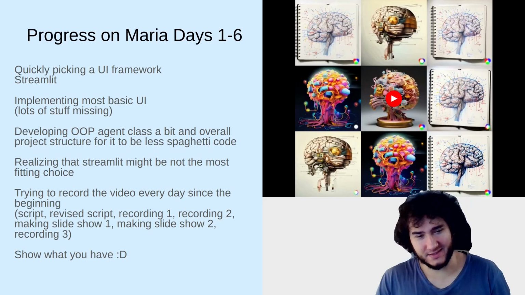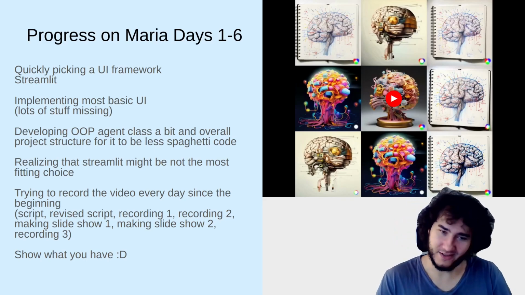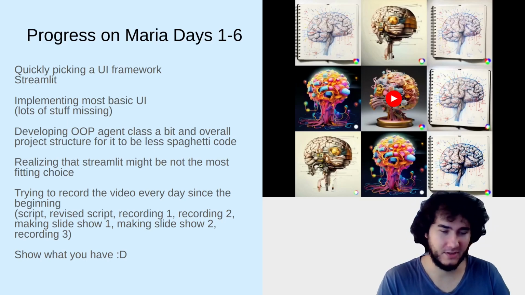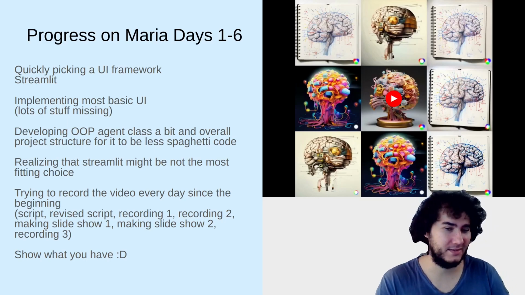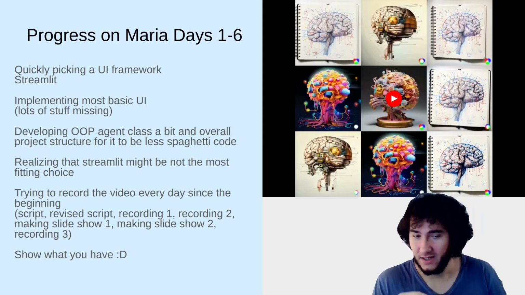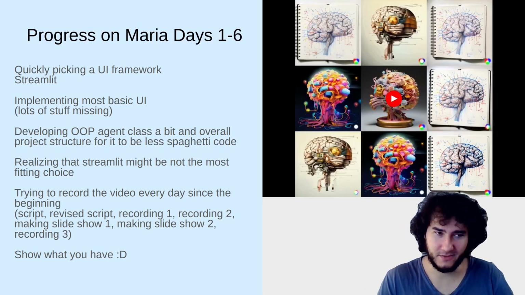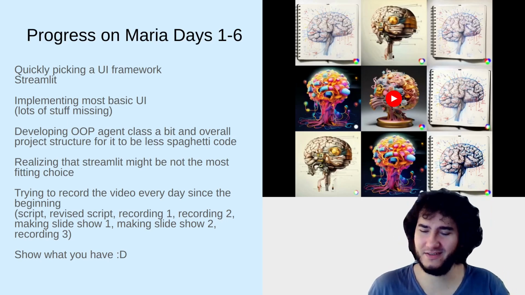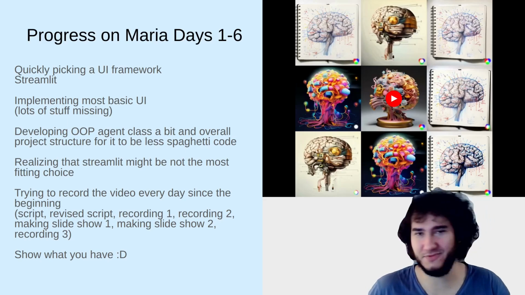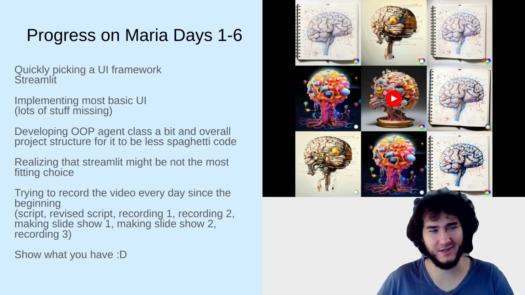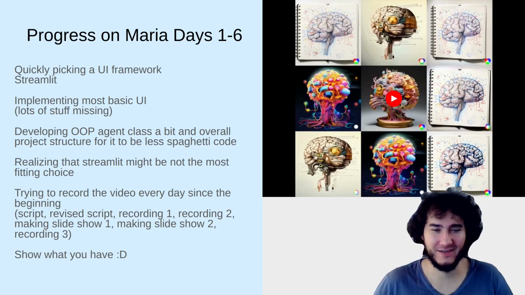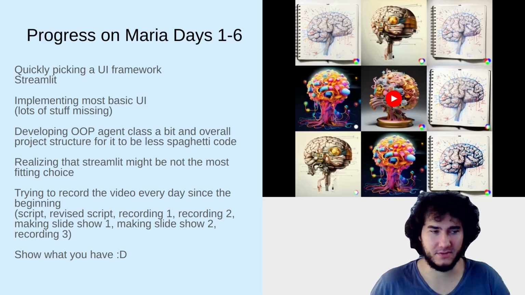Then I revised the script, then I tried recording it, reading the script, and it was very not engaging. So I scrapped it, and it was 25 minutes. I tried to record a second time, just talking to the camera, and it was pretty much crap. At least ChatGPT thinks it was too much meandering. But I didn't like it, it lacked structure.